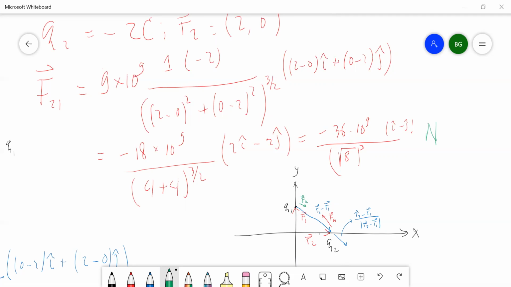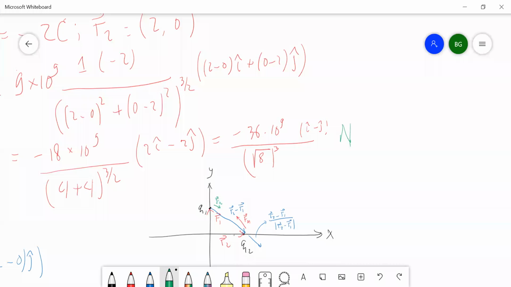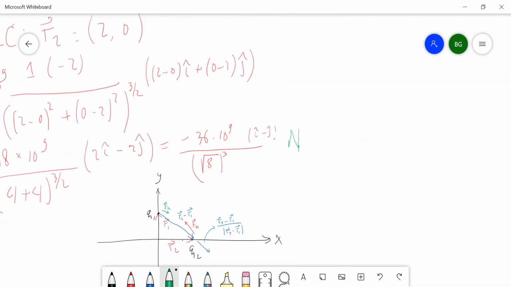But if the problem is to calculate, compute, for example, the magnitude of the force, then you have to write down the magnitude. The magnitude of this force is positive. Yeah, the magnitude is always positive.